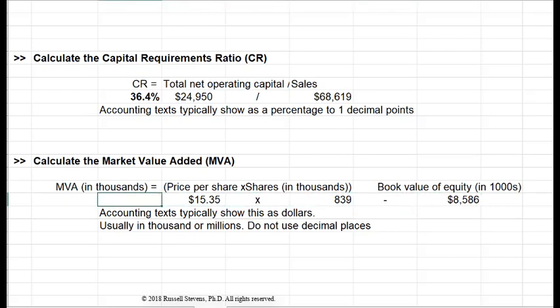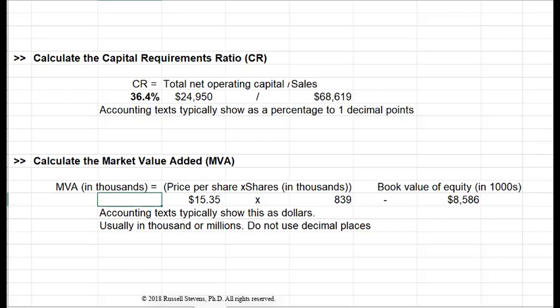The formula is a little more complicated. As you see in the formula line above where the actual numbers go, there is an open parenthesis in front of the price per share and a closed parenthesis after shares in thousands. Those parentheses are very important to this formula.